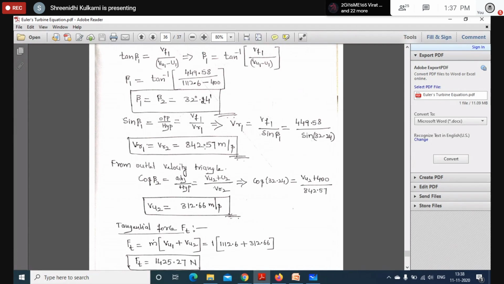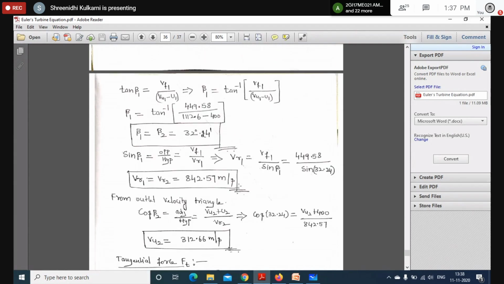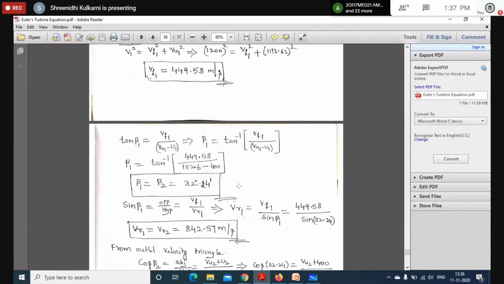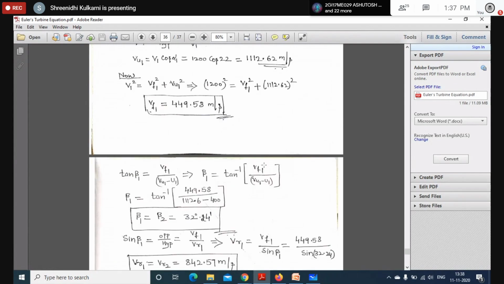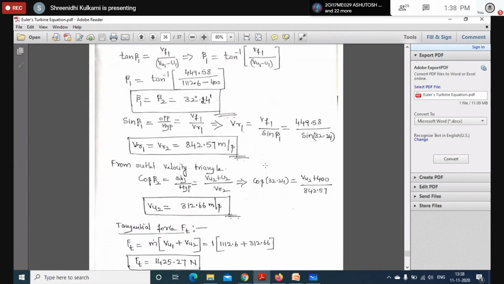So next, from the outlet velocity triangle, we have to find out VU2. Why we require VU2? Because we have to find out the tangential force. So again from the outlet velocity triangle, what is cos beta 2? Cos beta 2 is adjacent by hypotenuse.